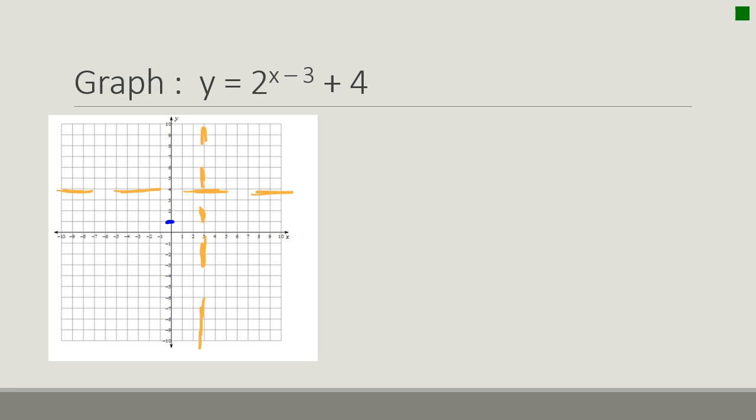So when I've drawn in my new axes, it's going to go here at (0, 1). It's not really (0, 1). It's the point (3, 5), but I look at that as I've moved the axes, so now I'm going to move the points.